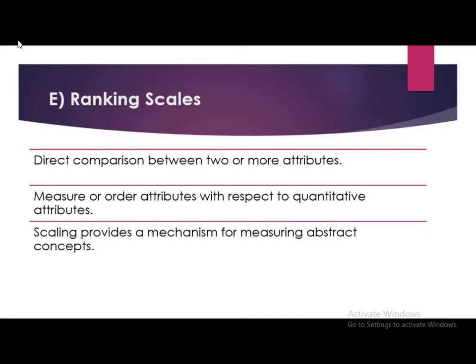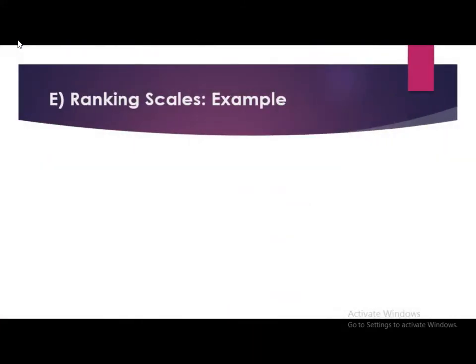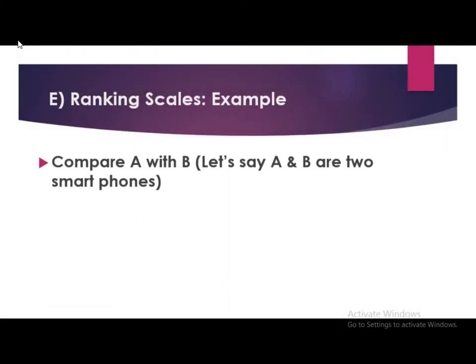A comparative scale is an ordinal or rank order scale that can be referred to as a non-metric scale. Respondents evaluate two or more objects at one time, and the objects are directly compared with each other as part of the measuring process.